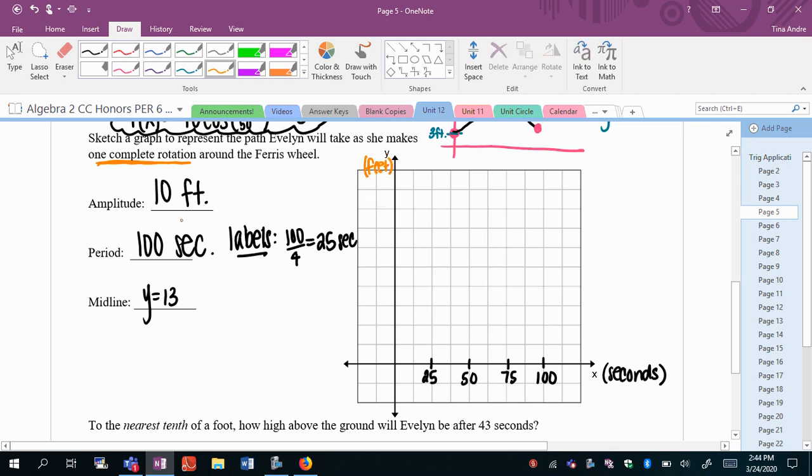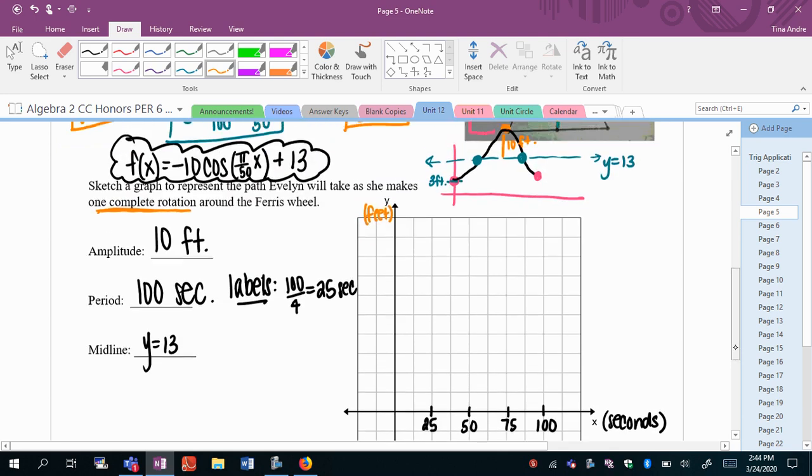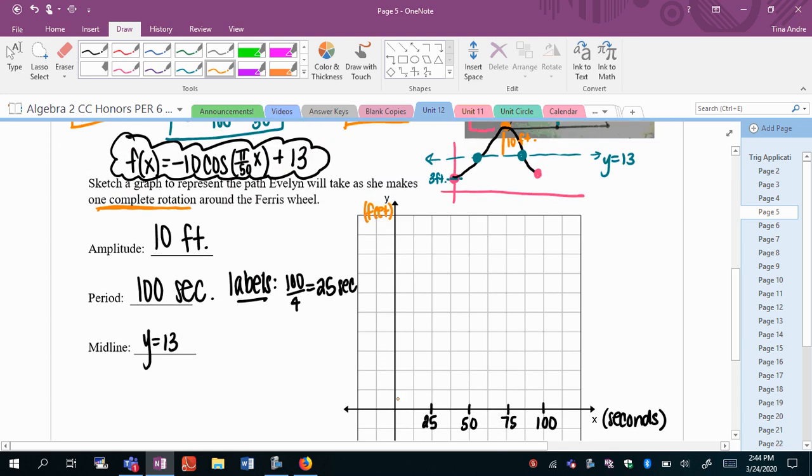So for this, I have a midline of 13 and I have to go up and down 10 from that. So what I'm thinking is if we look at our picture here, our minimum is going to be 3. And if we go up by 3s, I think that's going to work out nicely because we have 1, 2, 3, 4, 5, 6, 7, 8, 9, 10 sections.